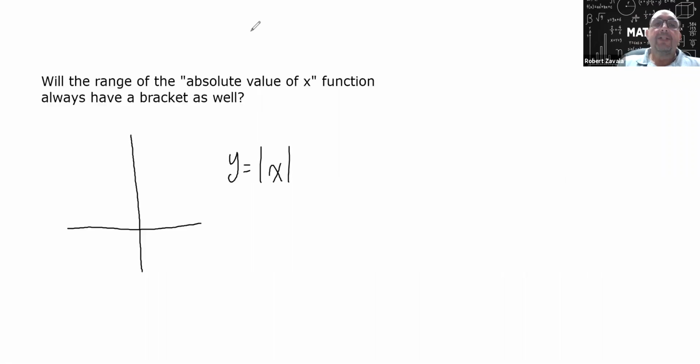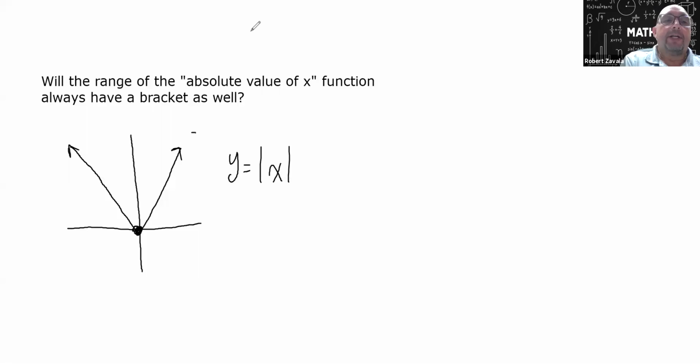Will the range of the absolute value of x function always have a bracket as well? The answer is yes, but let's go a little bit deeper. The absolute value looks like a V, and it touches this point here. The range are the possible y values.